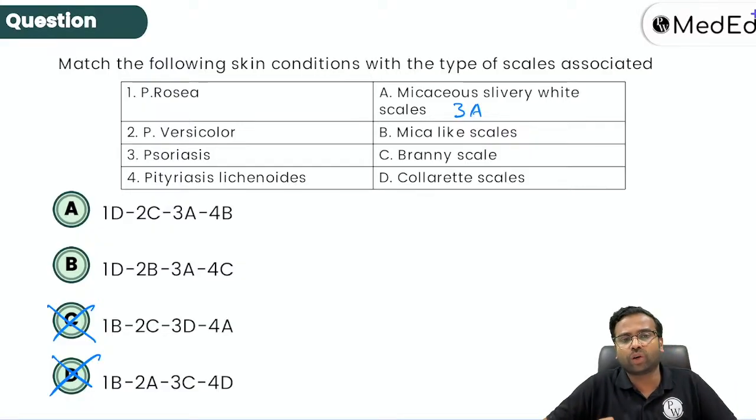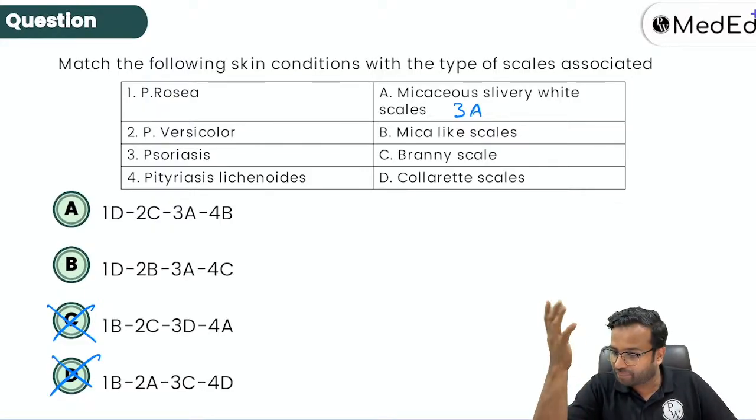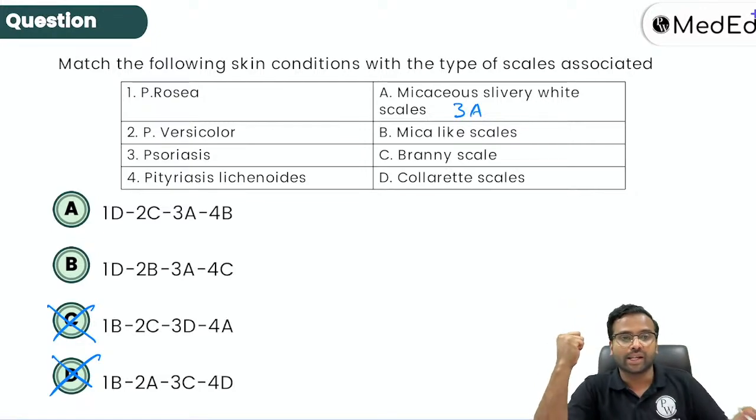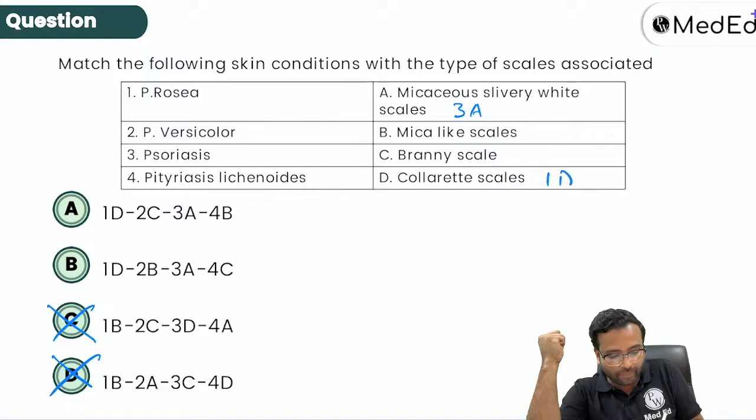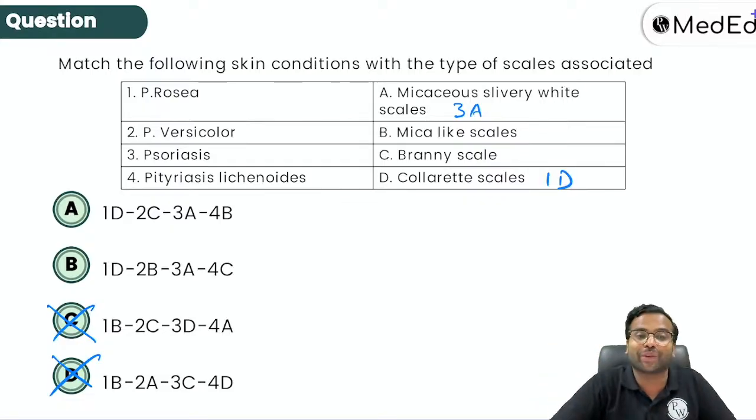Which one would you like to go for? Is it pityriasis rosea or pityriasis versicolor? Yeah, Dr. Debaki is saying rosea will have collarette scaling. So one is D. Let's see the options. Unfortunately, 1D is the same in option A and option B, which means we have to go for the next one as well.